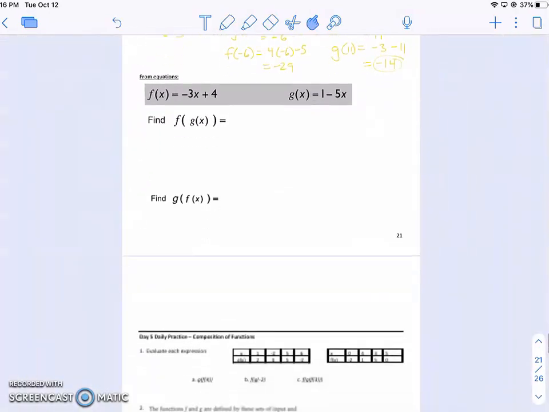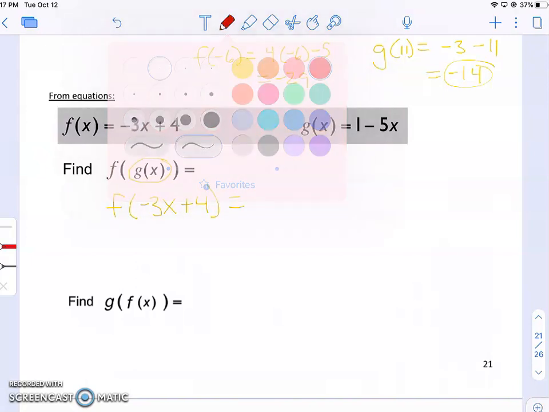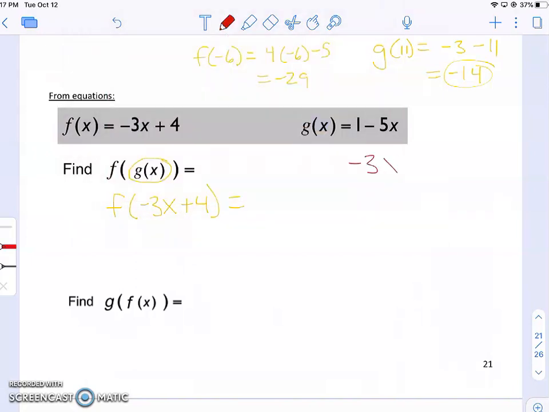The next thing we're going to do is take a look at some equations. You'll notice we don't have a value. We have the entire g function. So this is really f of negative 3x plus 4. I'm going to replace the x here, and sometimes I might write this on the side. Oops, sorry, I did this wrong. My bad. Let's try this again.